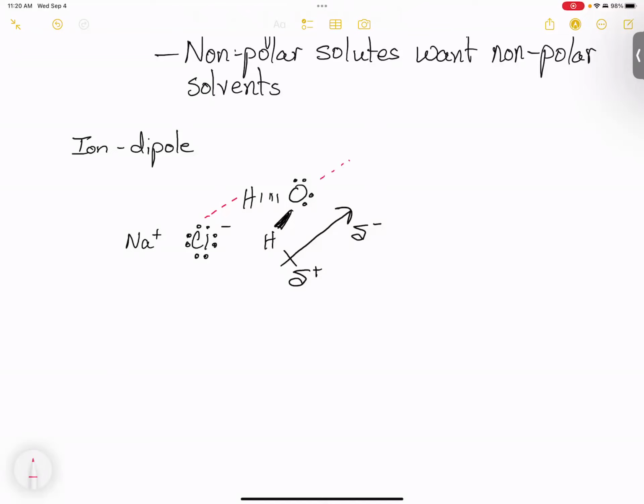We would also have an interaction between the oxygen and the sodium ion in another sodium chloride. And we could continue. This type of interaction is called an ion dipole interaction, because you have an ion from an ionic compound interacting with a polarized molecule.